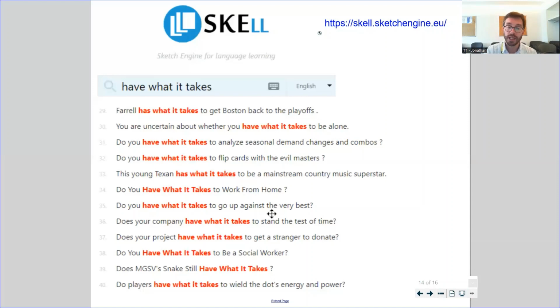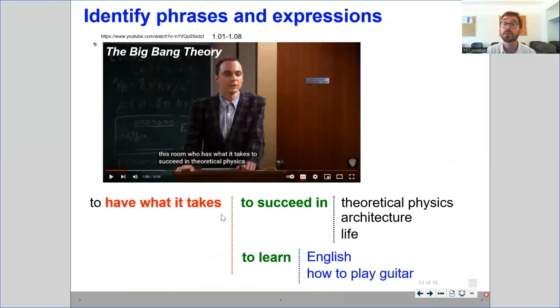Okay, so we can identify very quickly that the pattern we need to use with have what it takes is to infinitive. So we can start with the main example, to have what it takes to succeed in theoretical physics. I could change that topic to have what it takes to succeed in architecture, to have what it takes to succeed in life, to have what it takes to succeed in professional football.